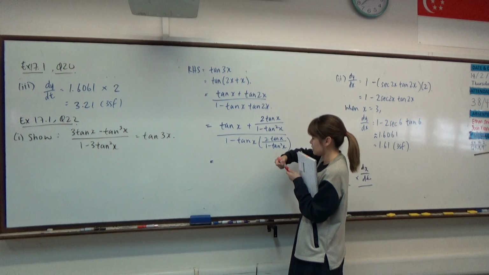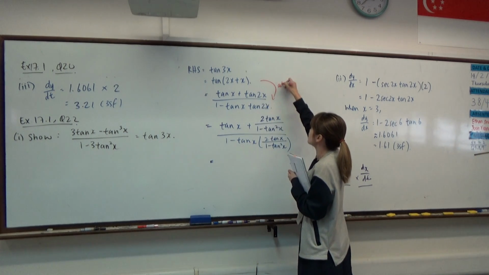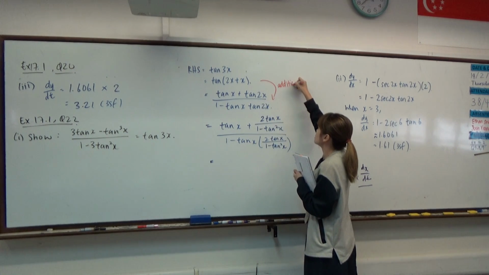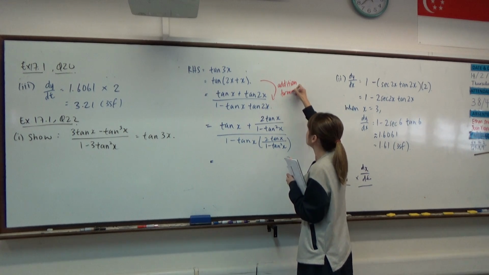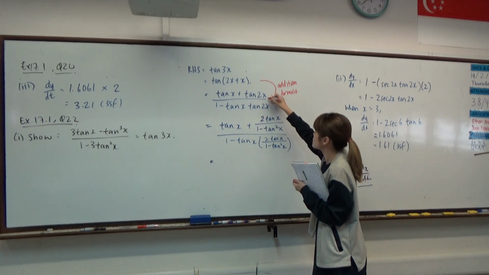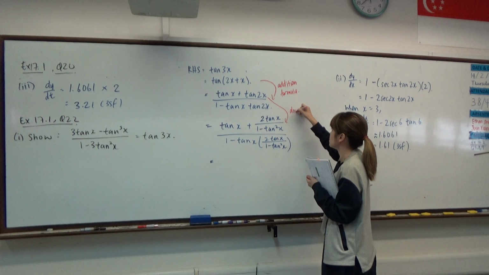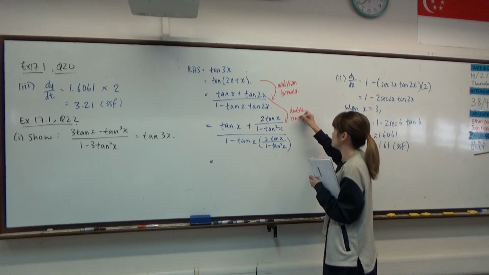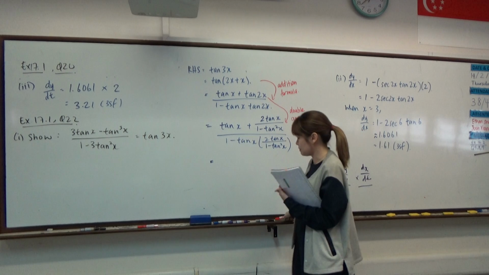Okay, so down here is the addition formula. And then after that, this part over here is your double angles. Then after that we simplify.